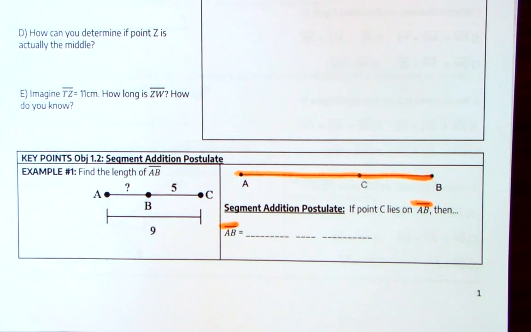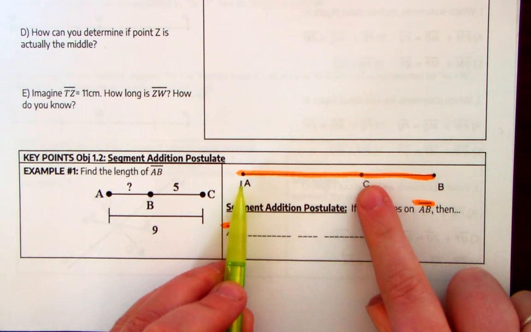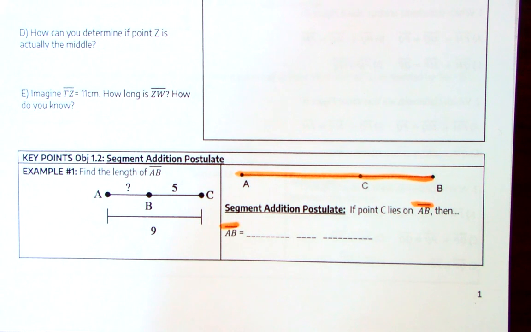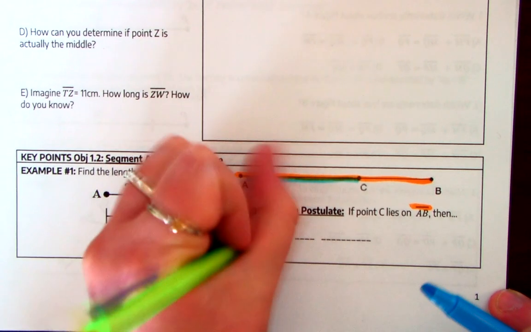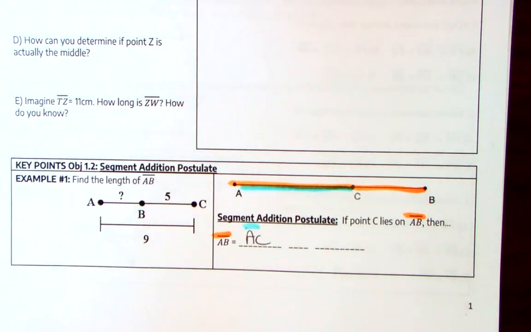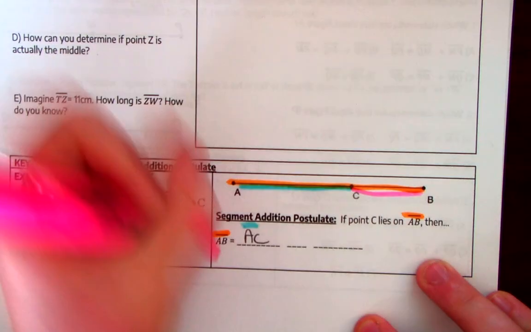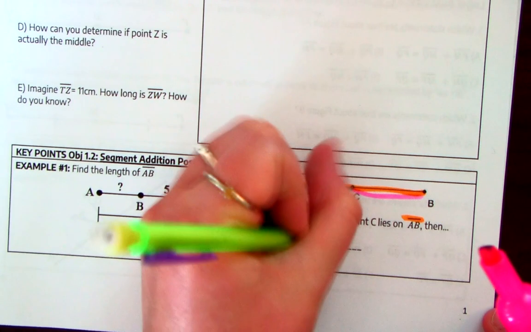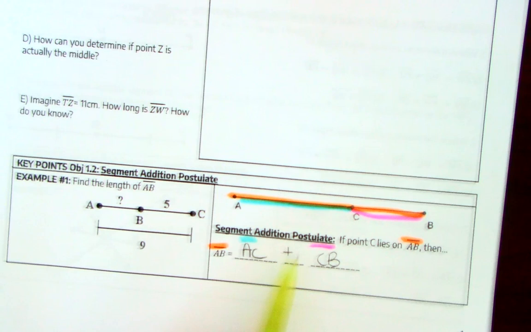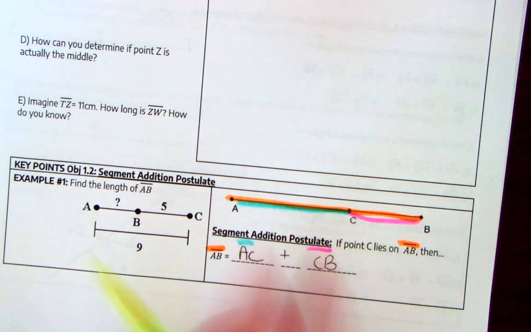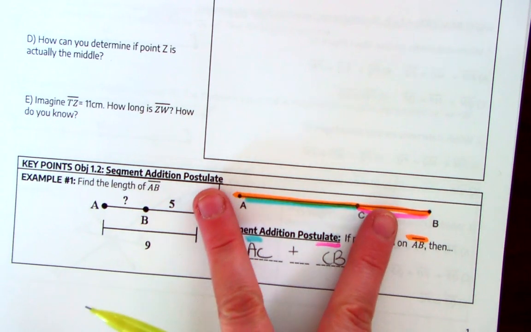That entire segment AB is equal to AC, which is part of the segment, I go from A to C, plus CB, from C to B. If I combine the length of AC plus the length of CB, that is equal to the length of A to B. The blue plus the pink is the same as the total orange segment, okay?